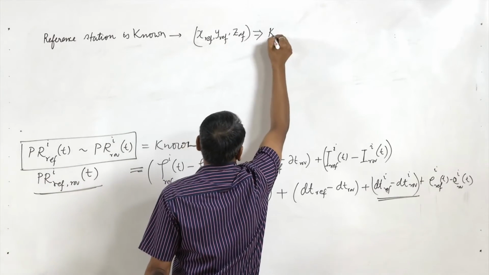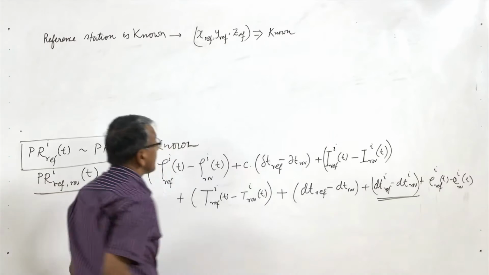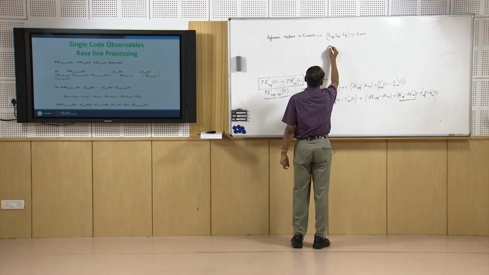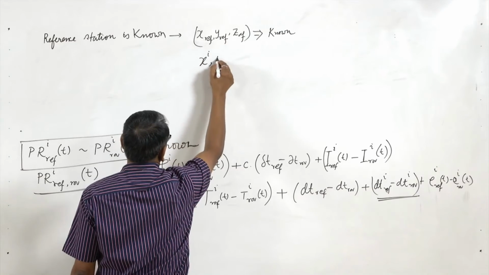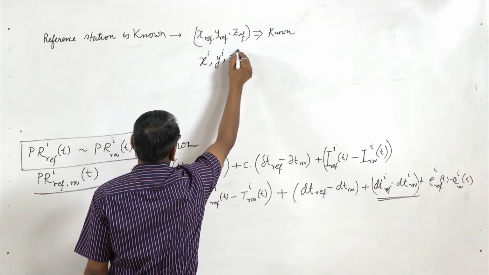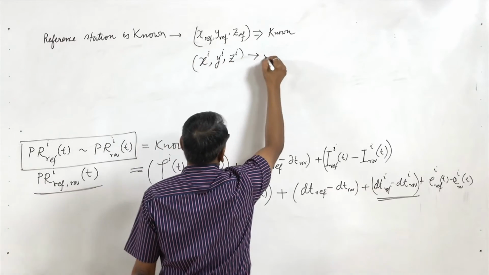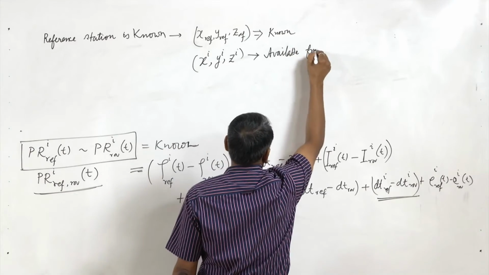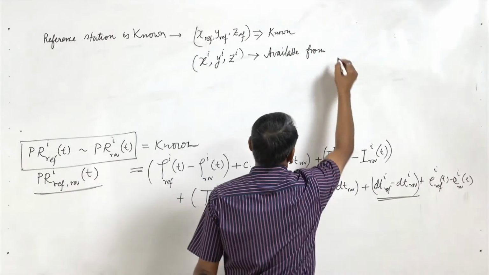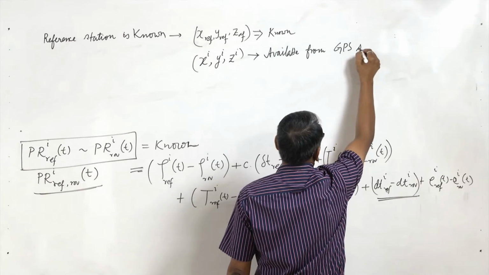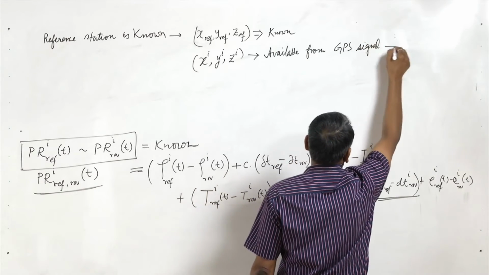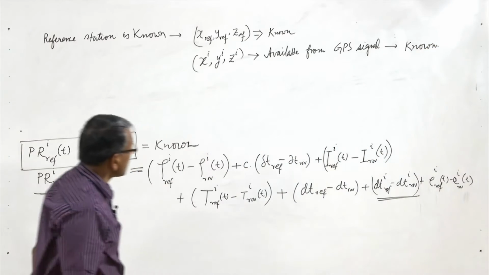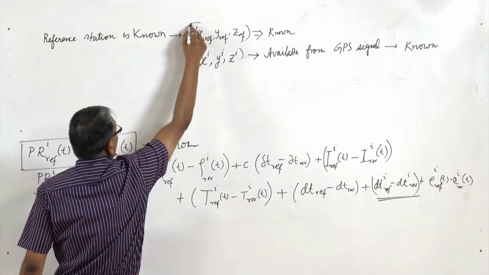And the satellite position XI, YI, ZI is also available from the GPS signal. So, both of these are known.